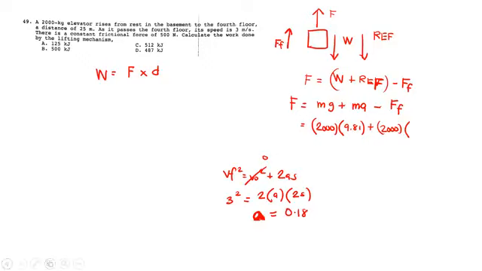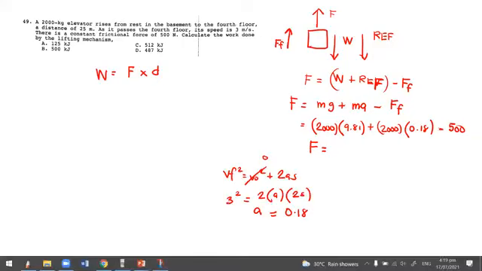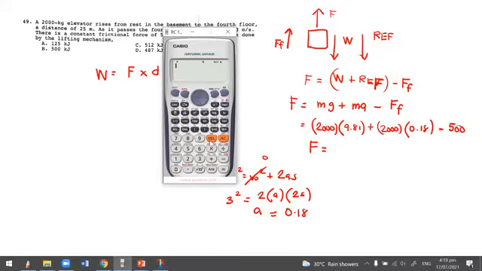So substitute natin dito, 0.18 minus frictional force na 500. Kunin natin yung force natin: 2,000 times 9.81 plus 2,000 times 0.18 minus 500.